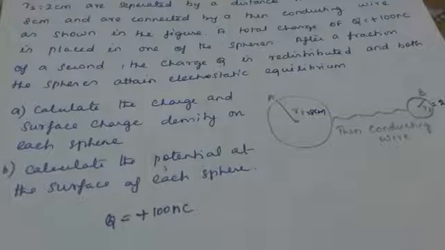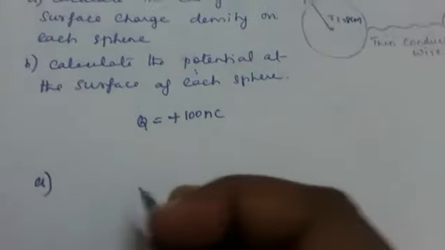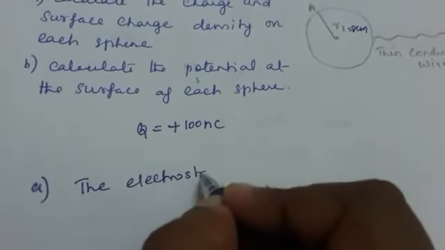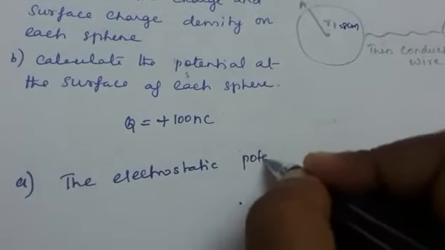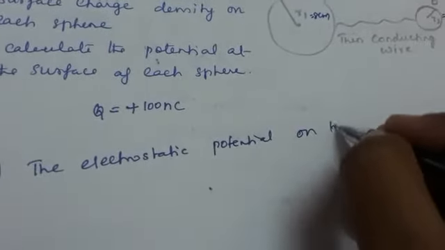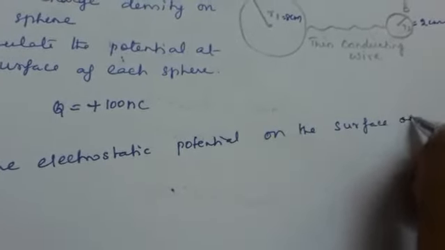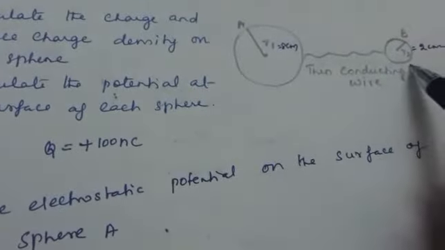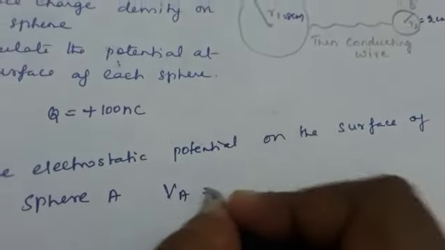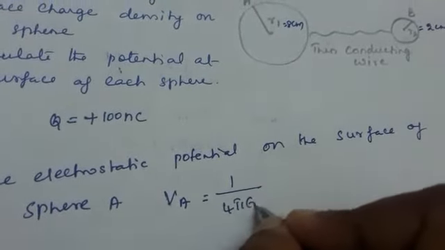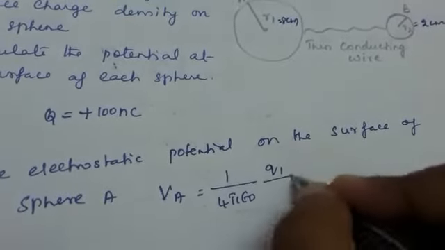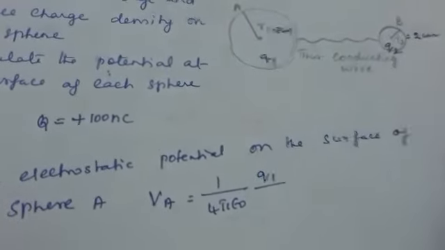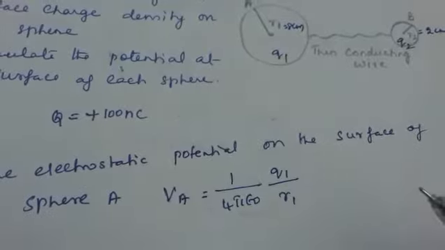First we can find the electrostatic potential on the surface of sphere A. Take this as sphere A and this as sphere B. We can write the potential as VA equal to 1 by 4 pi epsilon 0 into Q1 by R1, where the charges are Q1 and Q2, and R1 is the radius of the sphere.